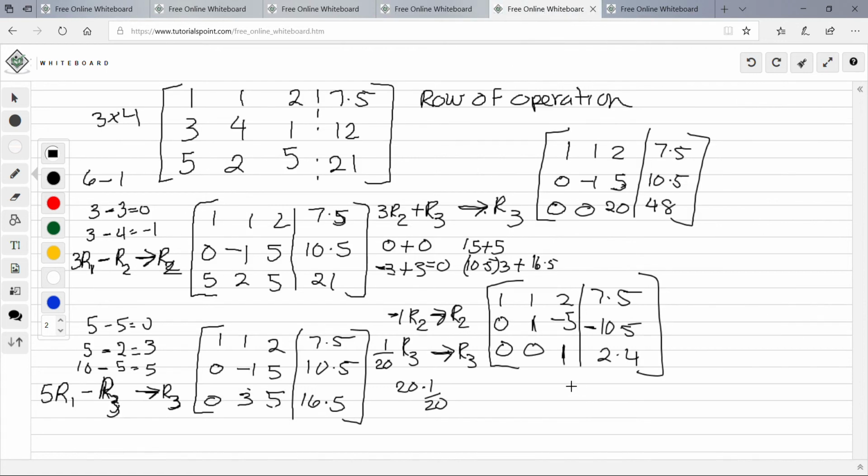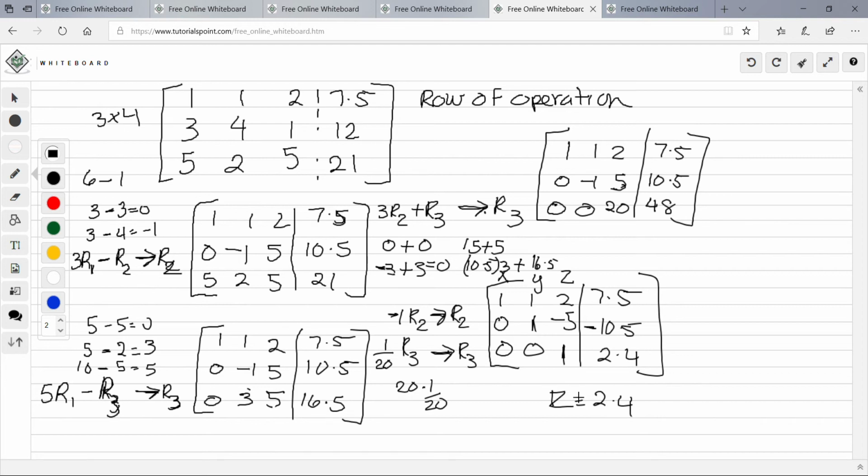Right. So remember how this column was x and this column was y and this column was z? And then these were the answers. So we said that this has a coefficient of 1, so it'd be 1 times the variable, which is z, or we could just call that z, equals 2.4.